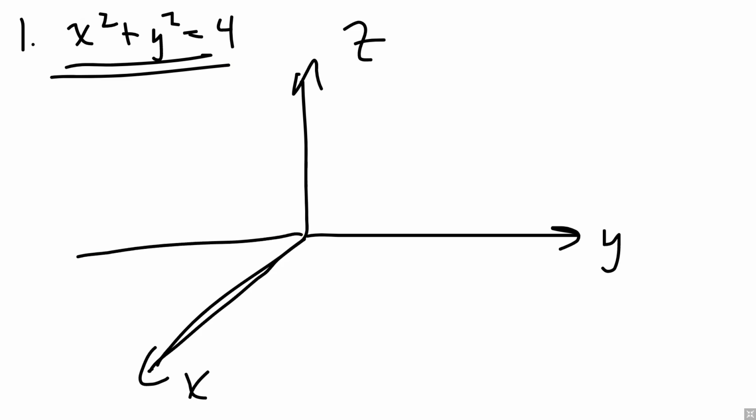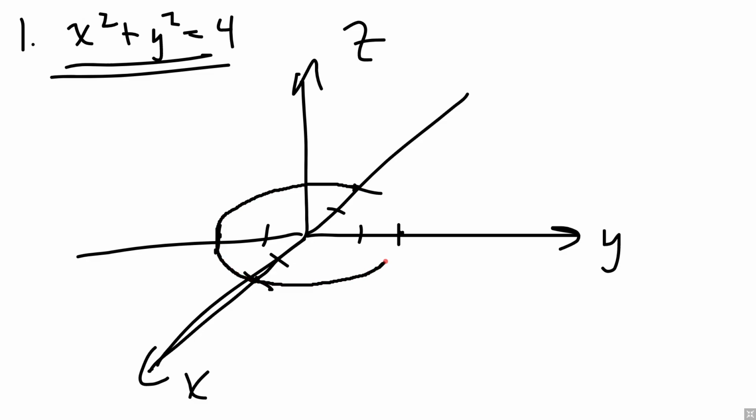So we have a circle that's centered at 0, 0. The radius is 2, so we're going to go 2 on y on both sides, 2 on x in both directions. These are going to create the outside of the circle.